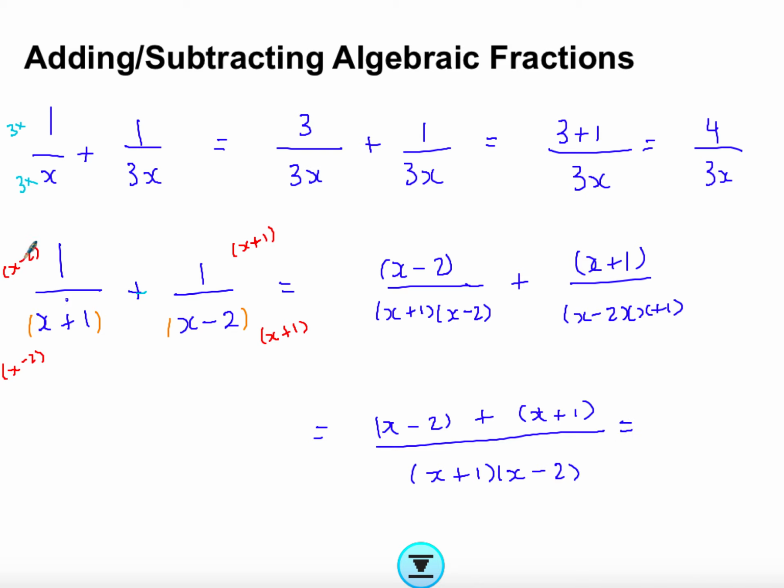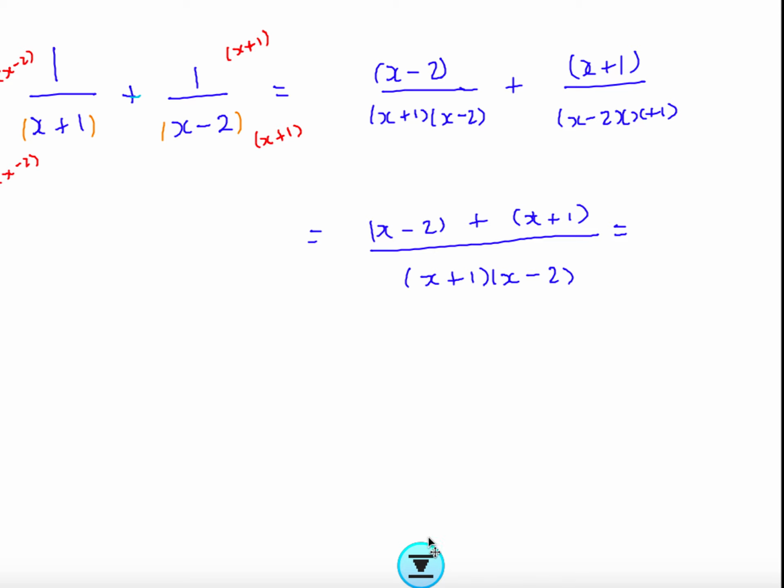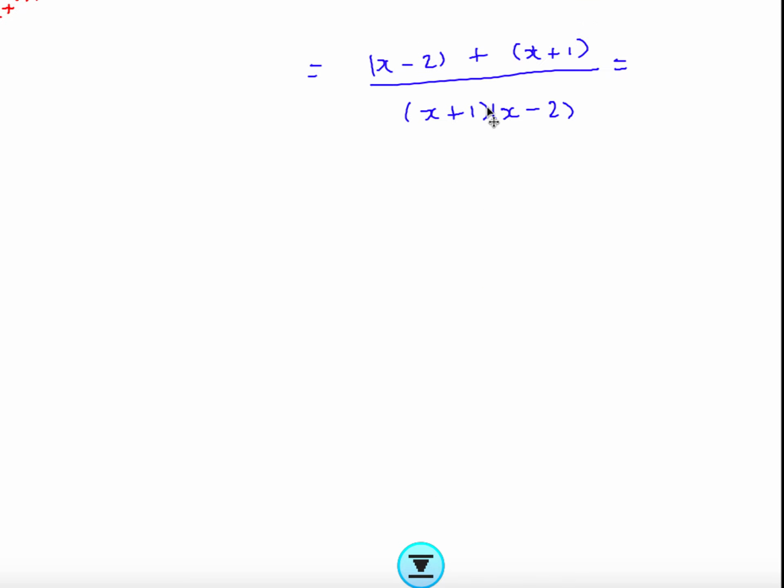So I don't really need the brackets, but I can go through it. If you're comfortable with the algebra, you can immediately just simplify from that previous step. But I'm going through more detail just for the people that need it. So this is just going to be plus x plus 1. Again, if it was minus, it's going to be a minus x minus 1.